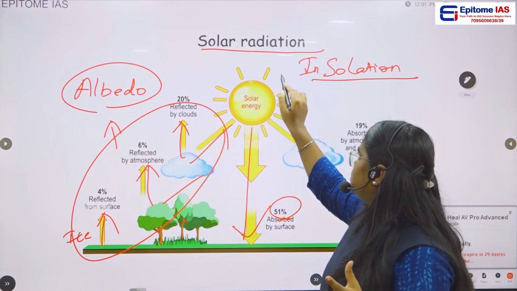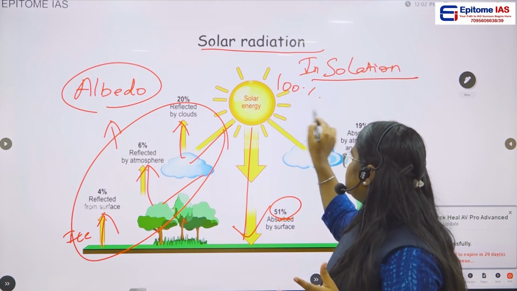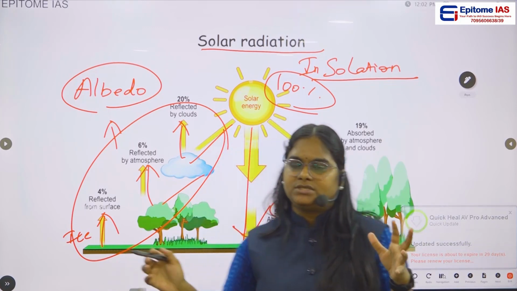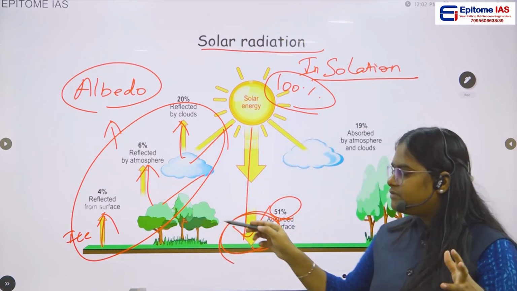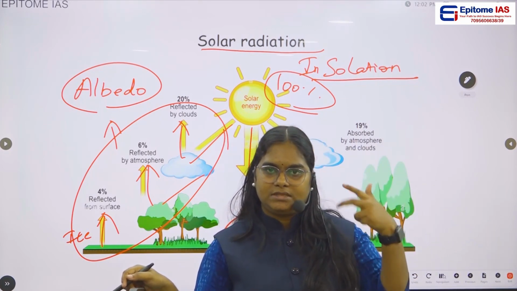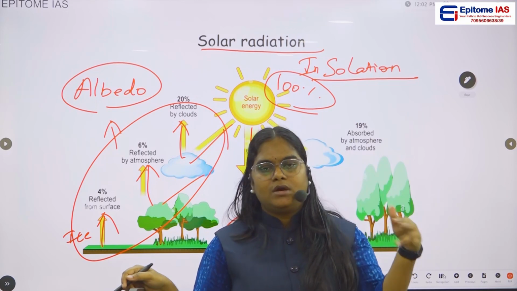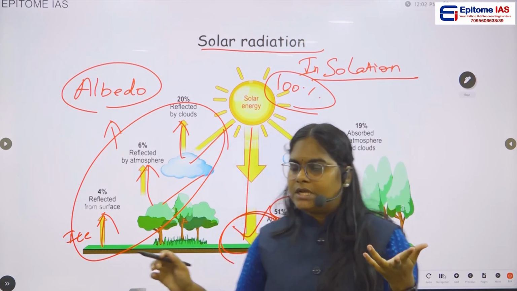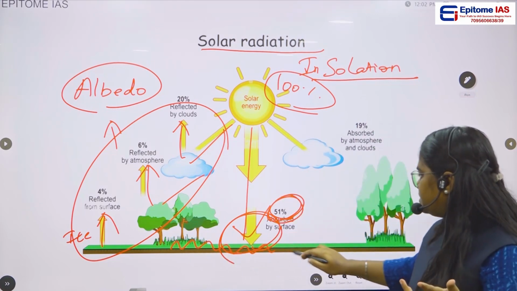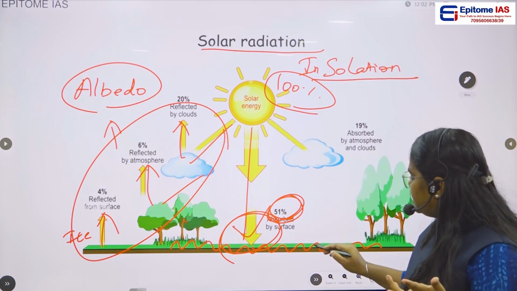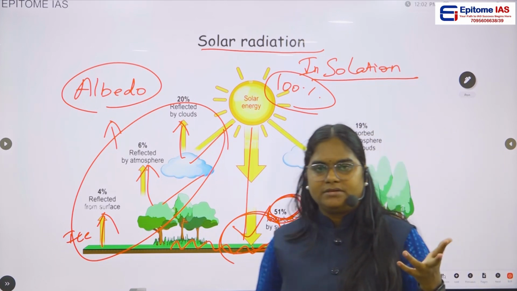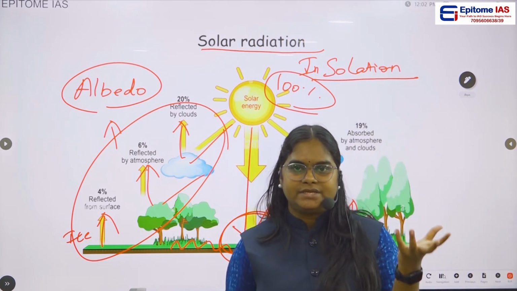Let us say the total incoming solar radiation is 100 percent, only 51 percent of it actually reaches the Earth's surface. The other 49 percent is either reflected back, scattered, or absorbed by the atmosphere, and this 51 percent heats up the Earth's surface, and this heat eventually is radiated back by the Earth's surface as terrestrial radiation.